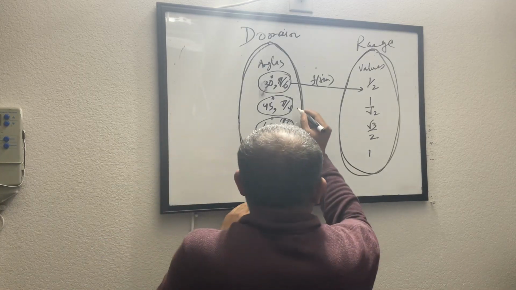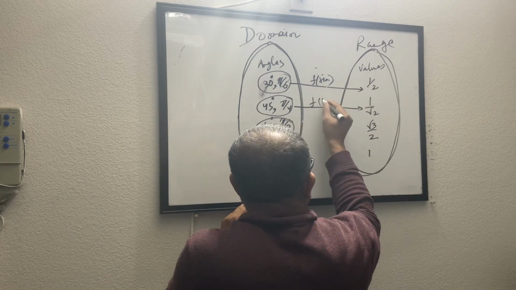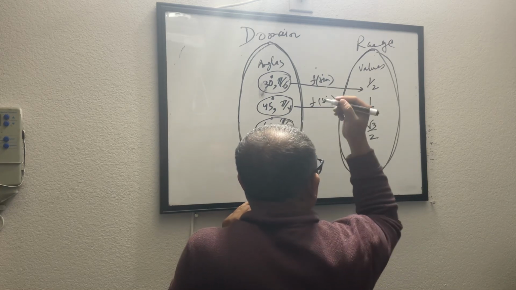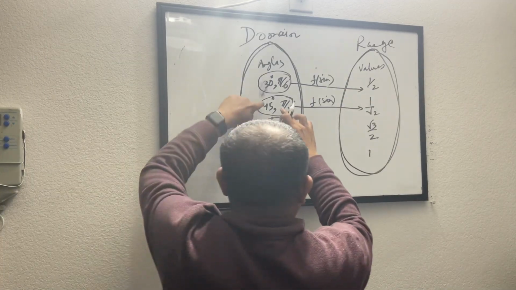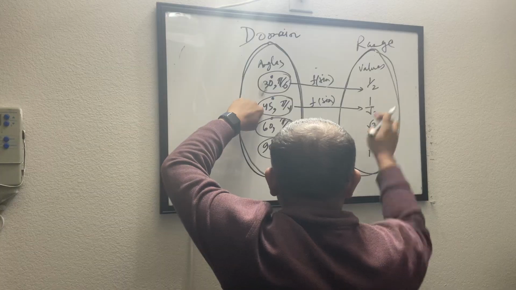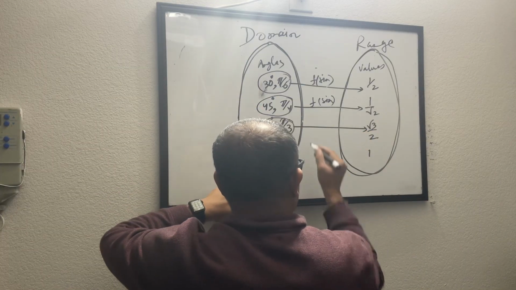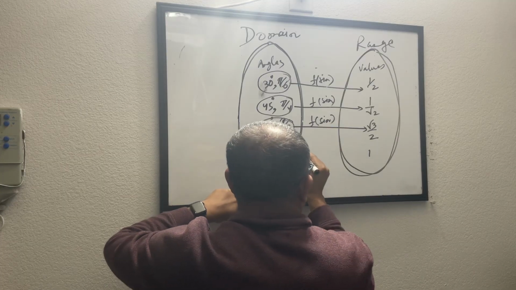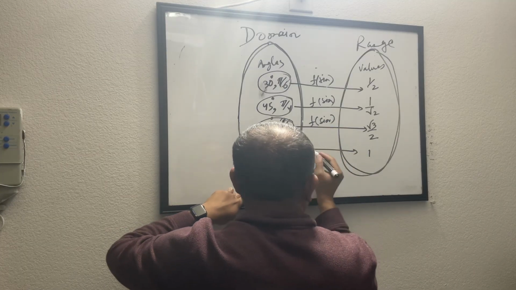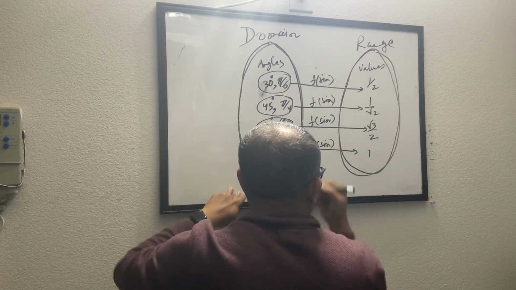I'm not stressing on that, but if you don't remember, assume that this is the value. I'm not bluffing. Sine of 45 degrees is 1 by root 2. Sine of 60 degrees is root 3 by 2. Sine of 90 degree is 1.